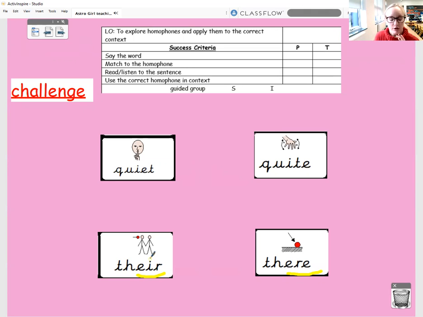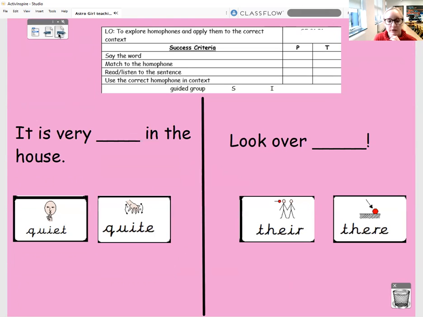So this shows the possession and who that object belongs to. Whereas this form of there shows the position of something. So for example, Miss Reed sits over there, or the children are sat over there, etc. So we'll have a go at popping these in some sentences. This is my challenge for you, so don't worry if you find it a little bit tricky. The main ones are what I want you to get done first.